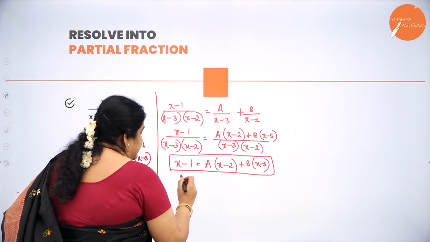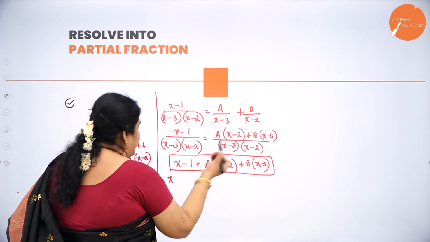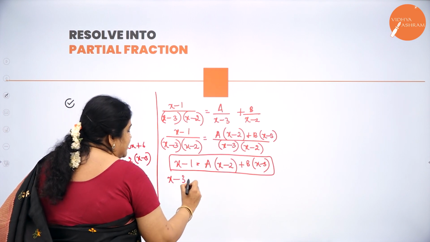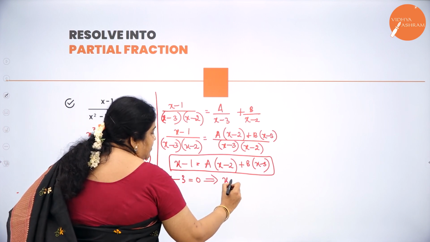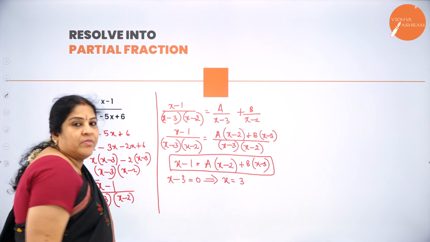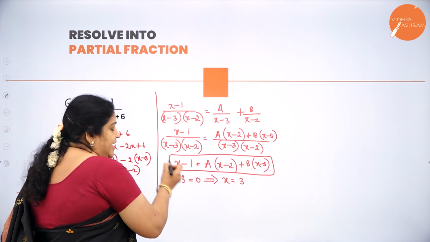Now, first we'll take the terms in the denominator, x minus 3 and x minus 2. So let me put x minus 3 is equal to 0, which means x is equal to 3. Now substitute that value of x as 3 in this expression.